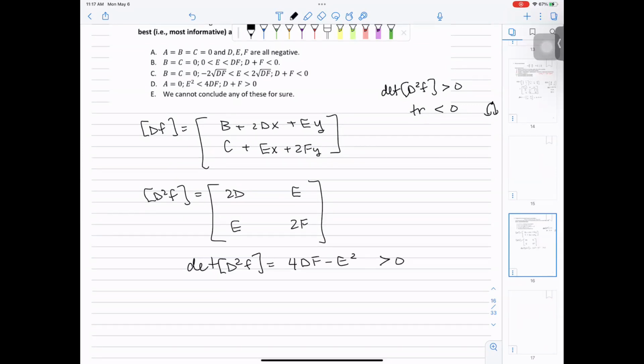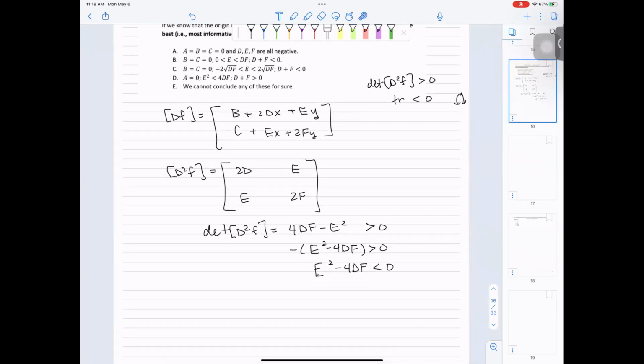In other words, I need e squared minus 4df to be less than 0, when I distribute that negative sign, the inequality swaps.